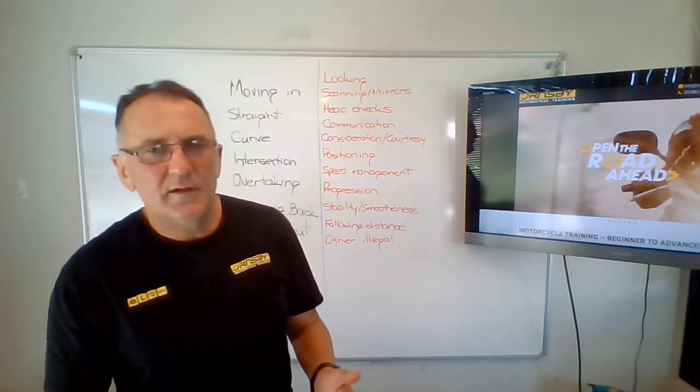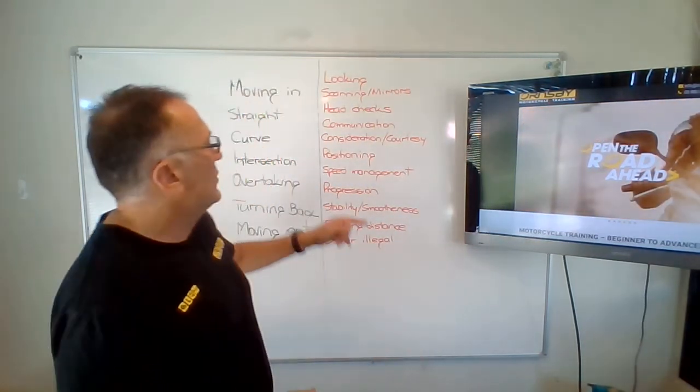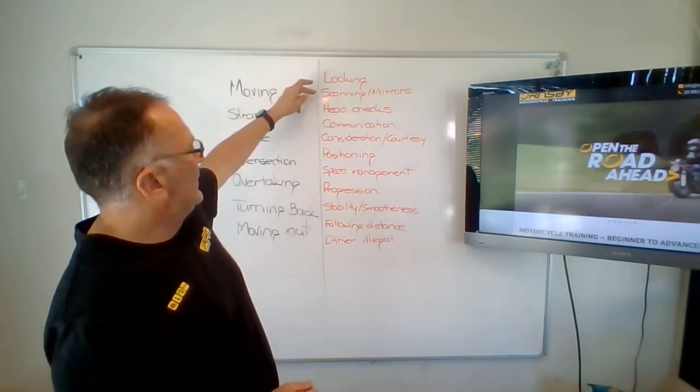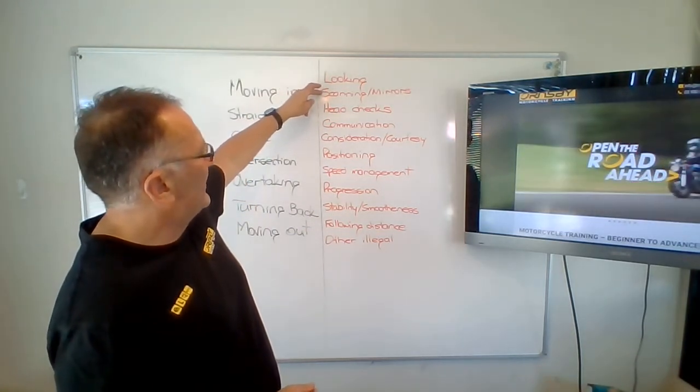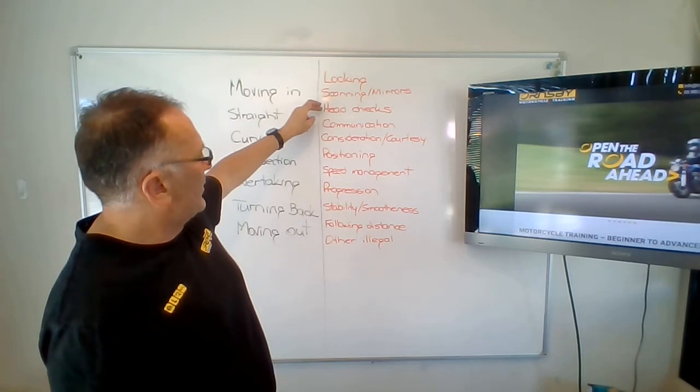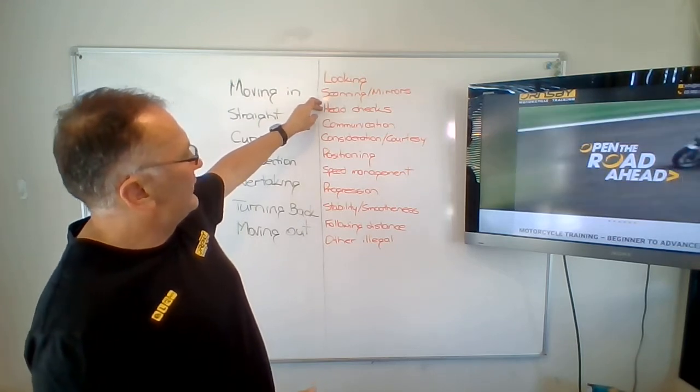Ultimately, people who've been riding for a long time might just look at this and say, well, I've been riding the bike for a long time, I'll just go along and do an assessment. By all means, that's an option you've got. But the reality is, if you do that, you won't know what the standard is for looking. You won't know what the standard for use of mirrors and scanning is. You probably won't know what the standard for head checks is.